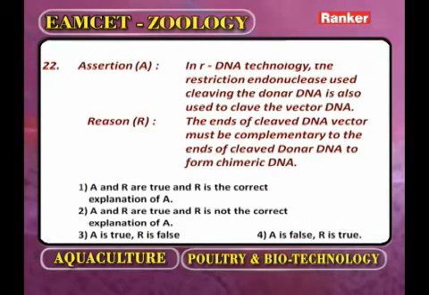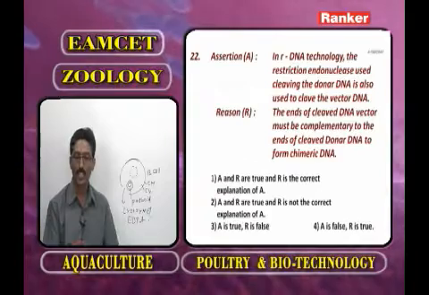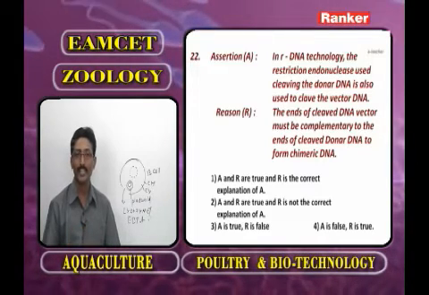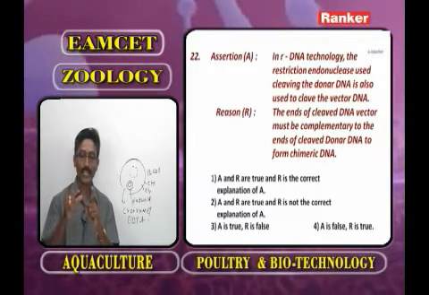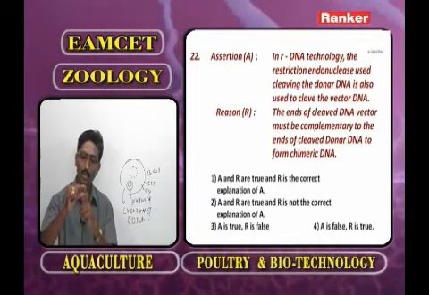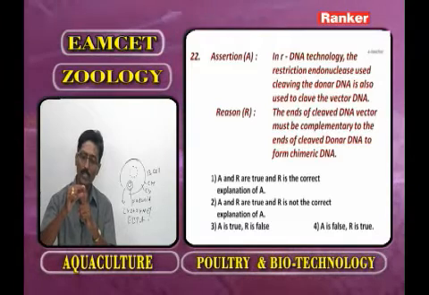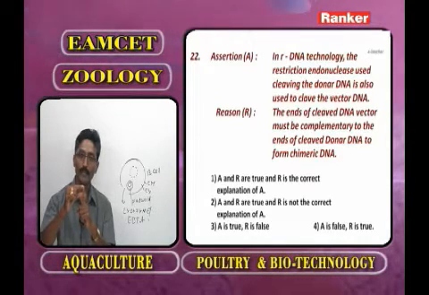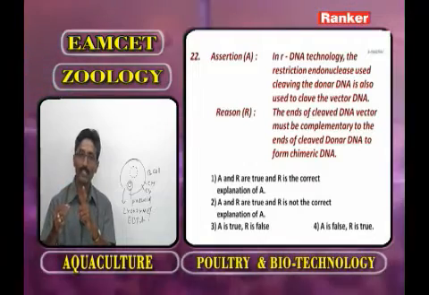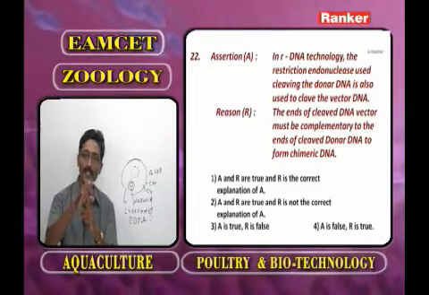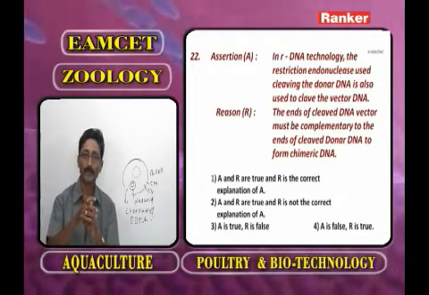The ends of cleaved DNA vector must be complementary to the ends of cleaved donor DNA to form the chimeric DNA. Donor DNA and vector DNA are united, and we call it recombinant DNA. This recombinant DNA has the properties of the vector as well as the properties of the donor DNA.